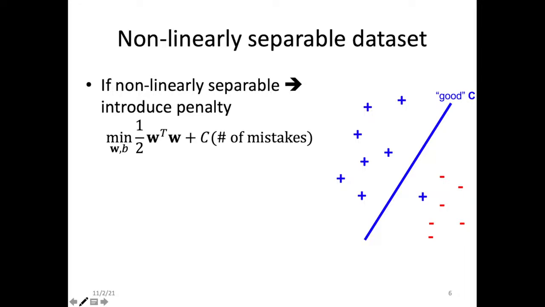Here, although this one is incorrectly predicted, the margin becomes very large, right? The margin is this much.